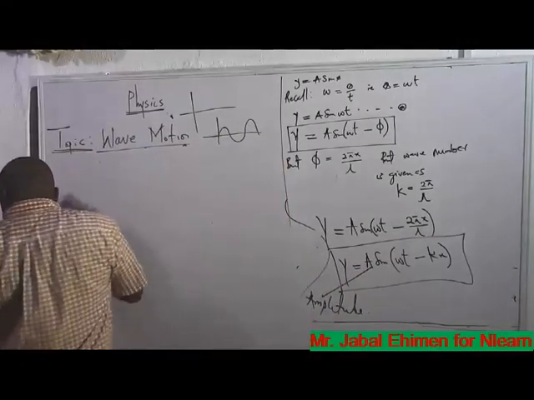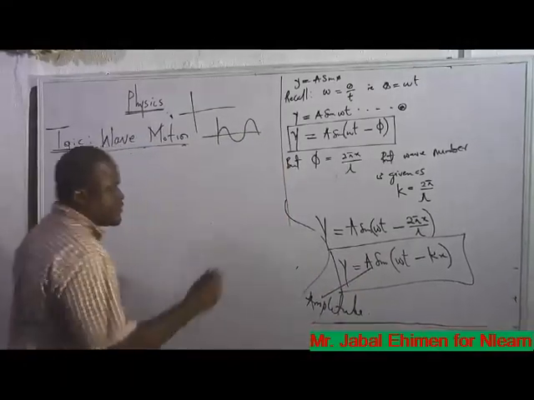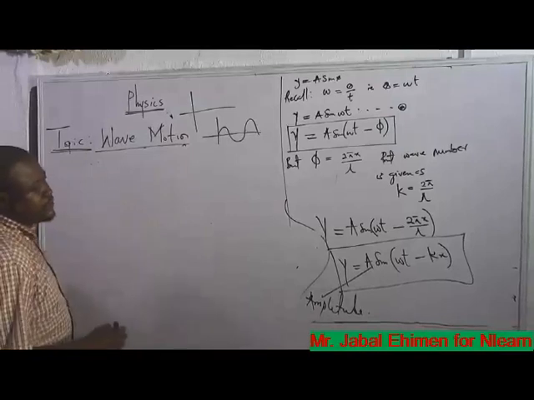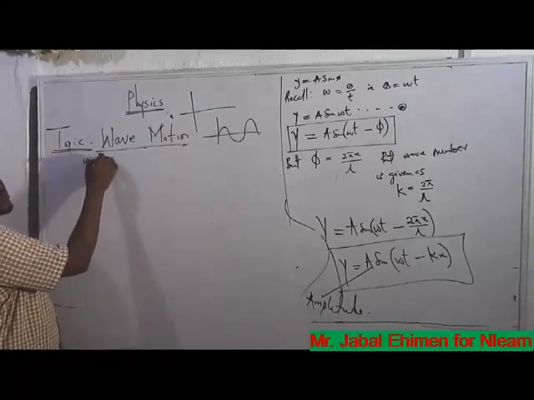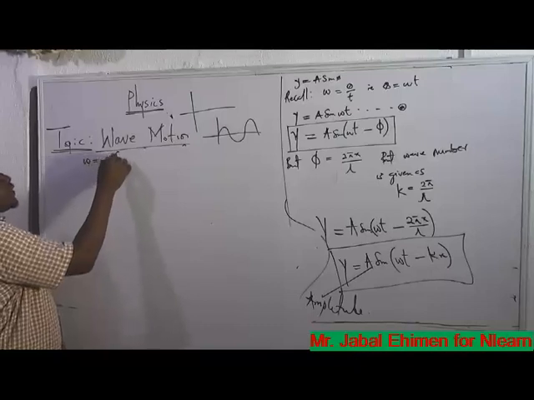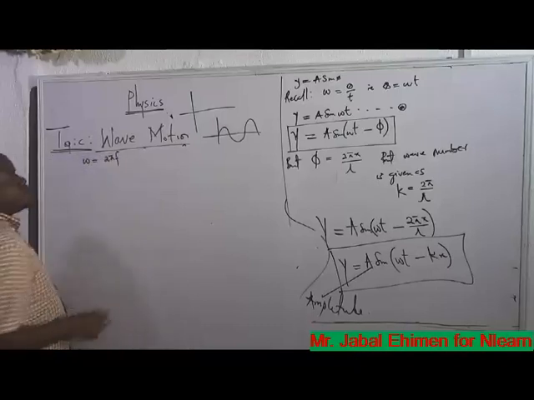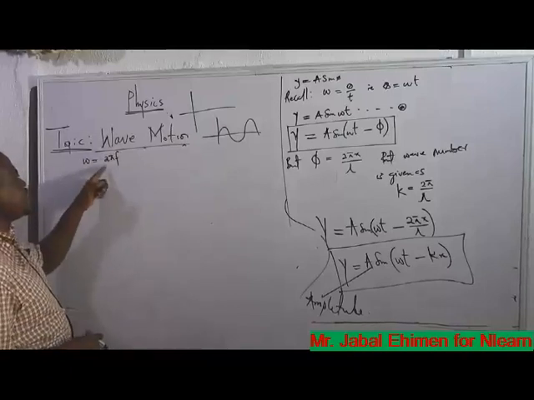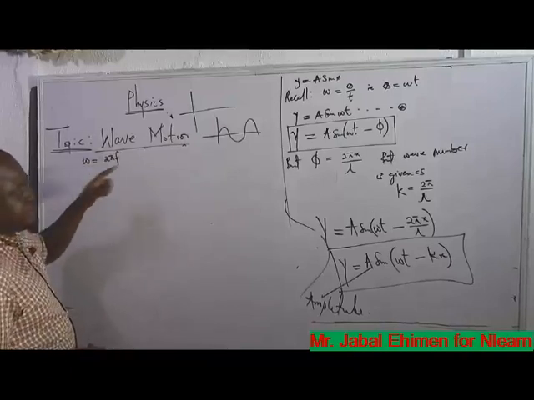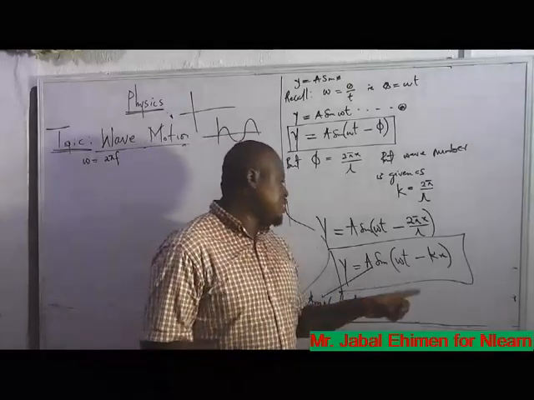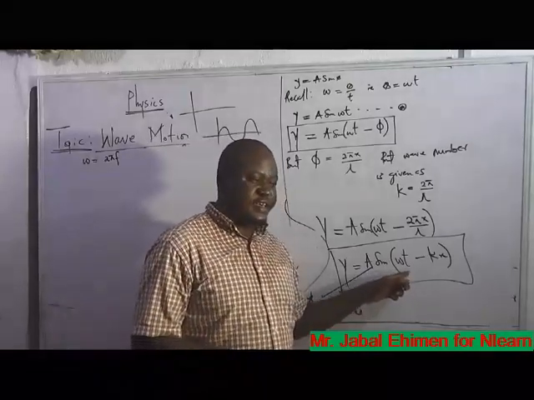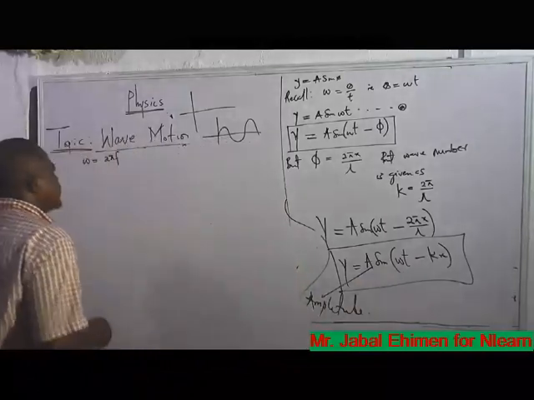It's easy to say that this value here, angular velocity itself, is equal to 2 pi f. That's the value. Angular velocity is equal to 2 pi f. So if I decide to make that value exist here as 2 pi f, what will I call it?